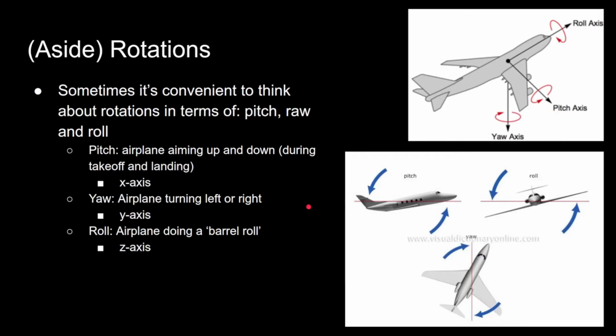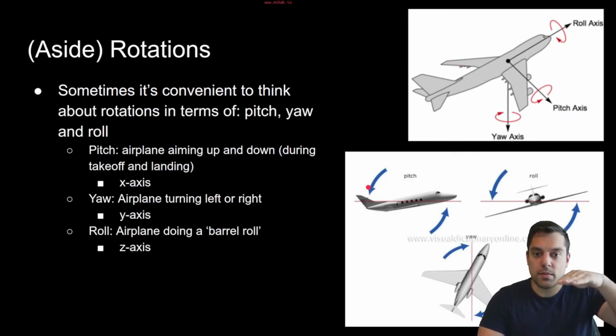Some other things I'll say is sometimes it's convenient to think about things in terms of the pitch, yaw, and roll. And these are when you think about an airplane, for instance, and how it's rotating. Again, it depends what type of problem you're trying to solve. But again, the pitch of the plane, right?